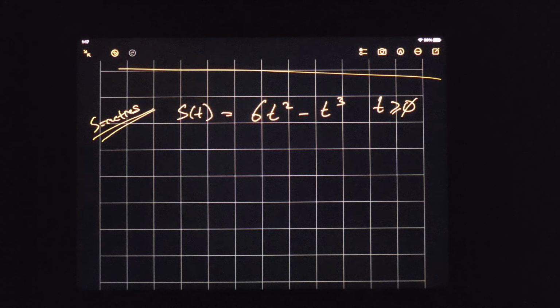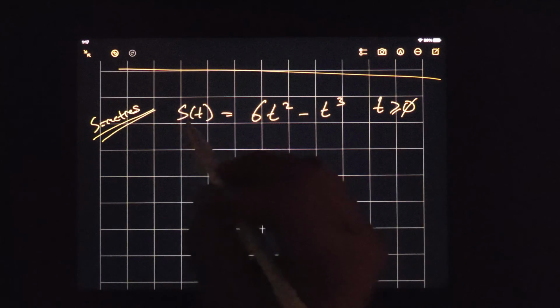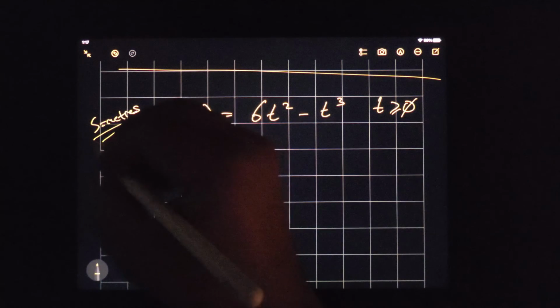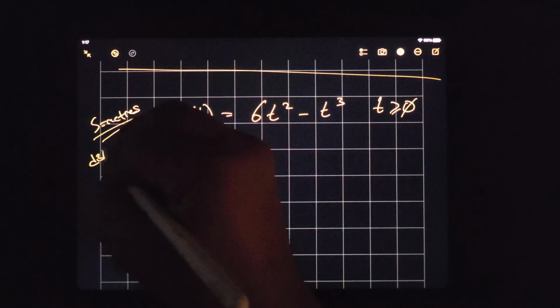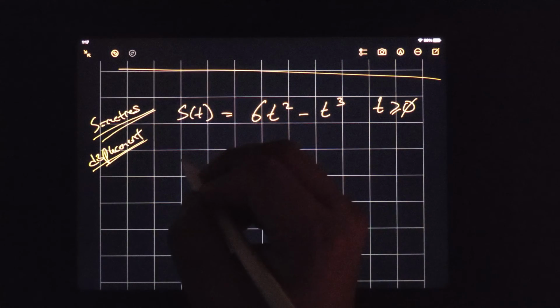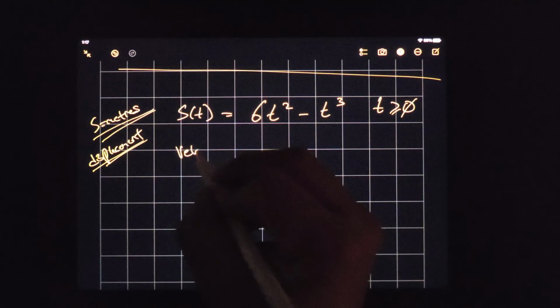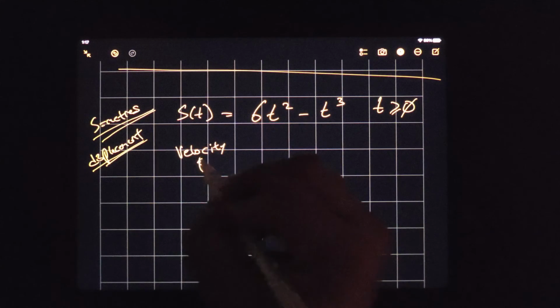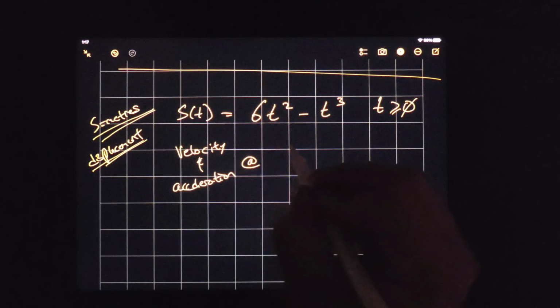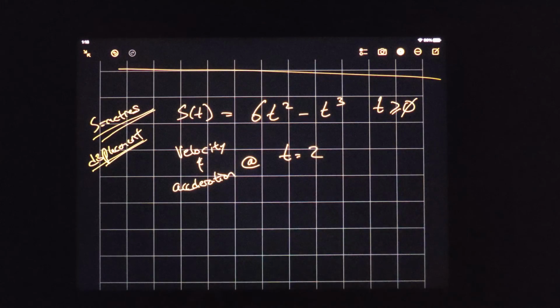So what we want to do is find, well, this s being in meters, this is a function that describes the displacement. So now I want to find the velocity and acceleration at t equals 2.